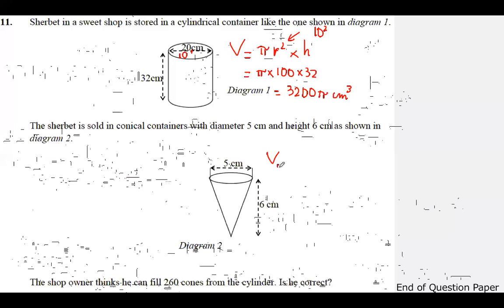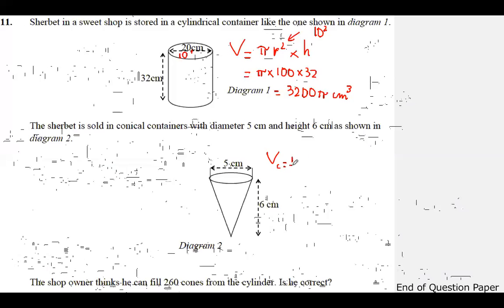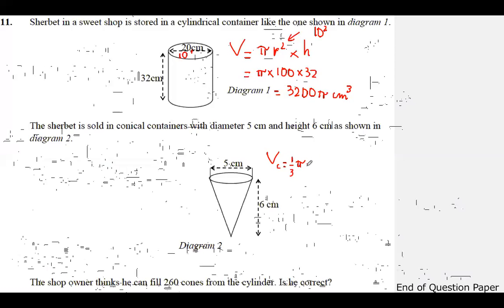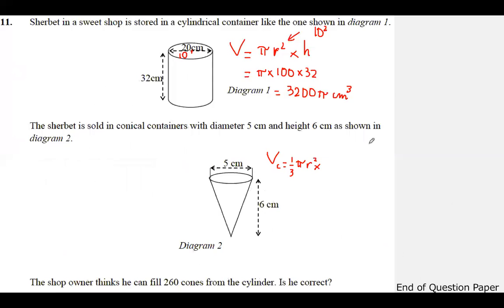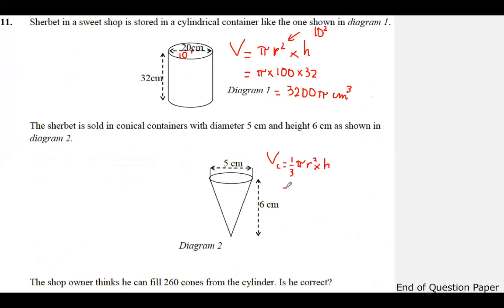the volume of a cone is a third pi r squared times the height as well, but this time it's a 6 centimeter height. So, 5/2 squared.